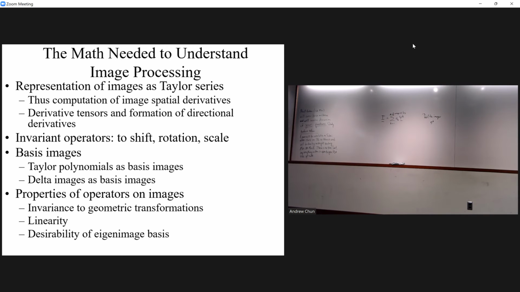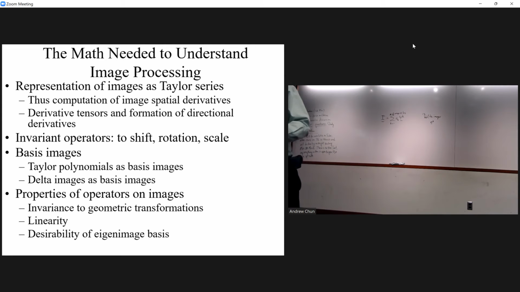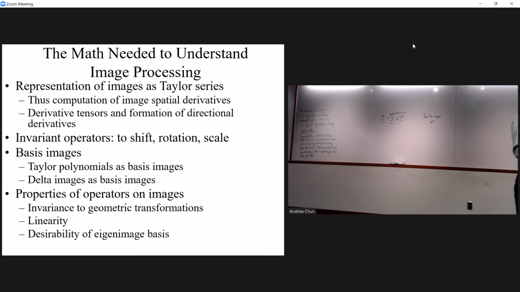And those are the images that have one image element and zero in all the other image elements. And when that's the case, the AKs are the intensity values in that element, right? But the locality of those images is far too small for this to be a fully useful representation.